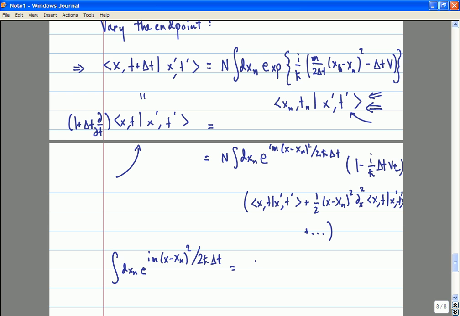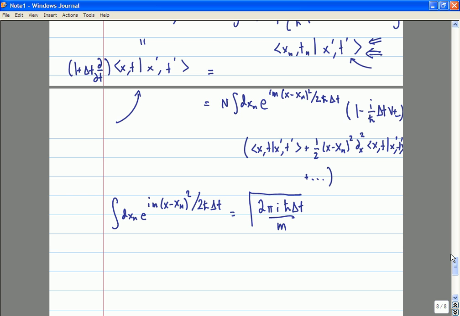It's the square root of 2 pi i h bar delta t divided by m. Just by dimensional analysis, you can see that if you rescale x by a factor of the square root of h bar delta t over m, you're going to get an overall factor of the square root of h bar delta t over m. That's just dimensional analysis. And then you just do the Gaussian integral to get all the factors of 2 pi correct.